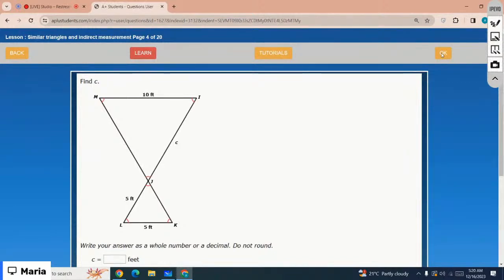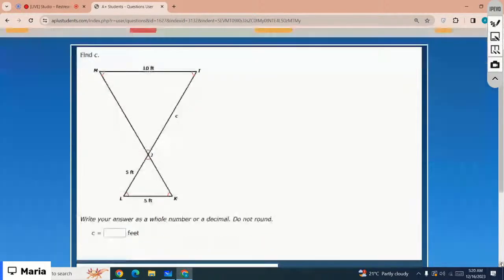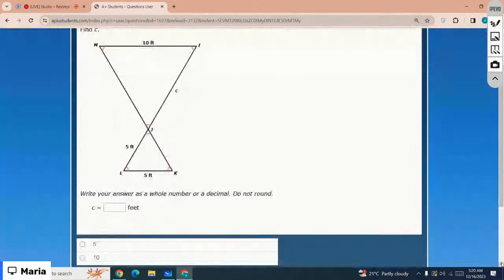Okay, the next one is find C, right? Okay, so which is the correct option? The correct option is yes, it is 10, right?